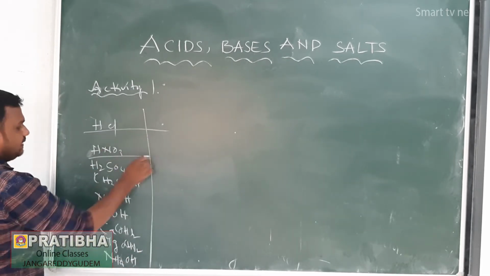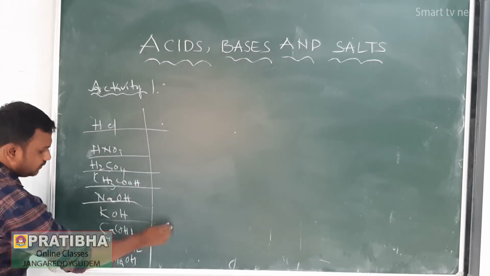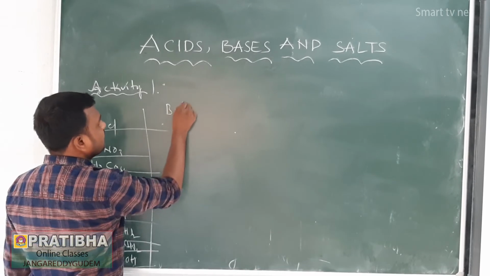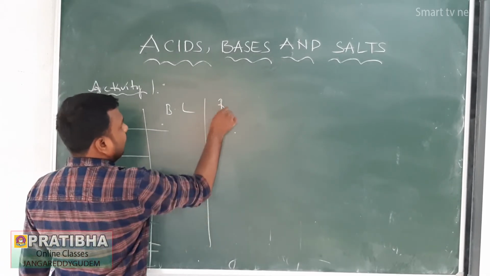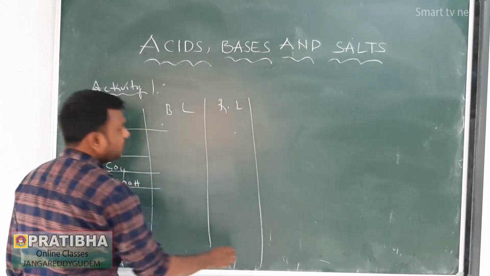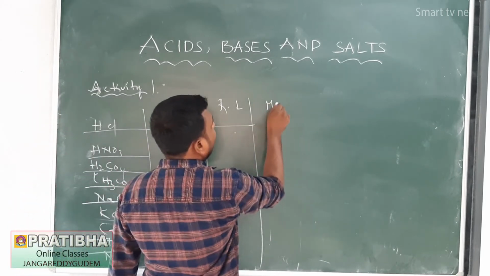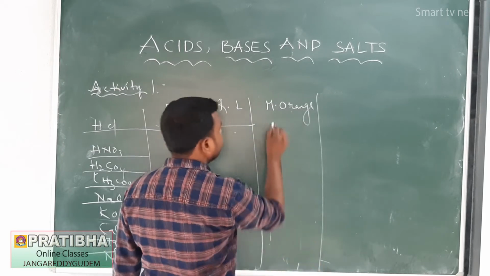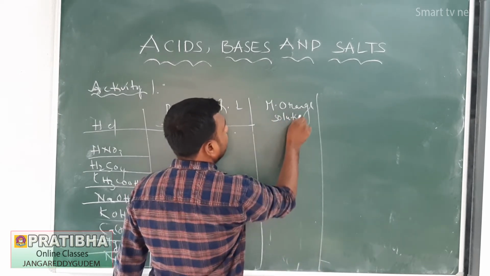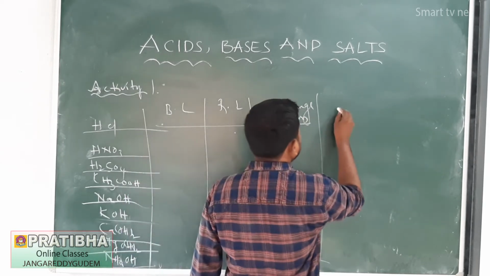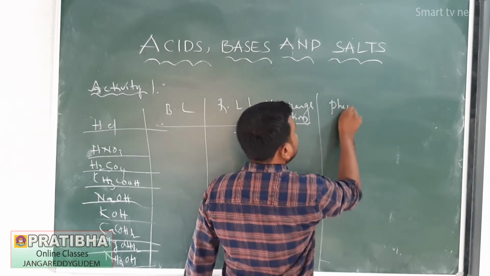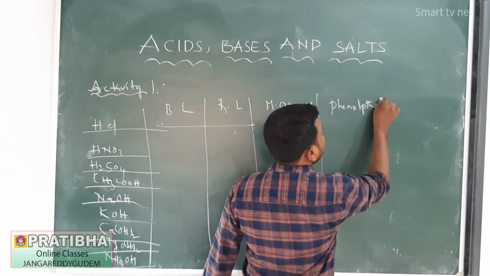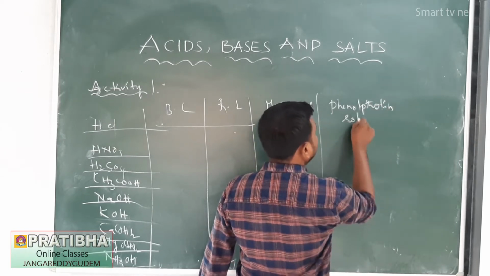These are acids and bases. We can identify the substances using blue litmus, red litmus, methyl orange solution, and phenolphthalein solution.